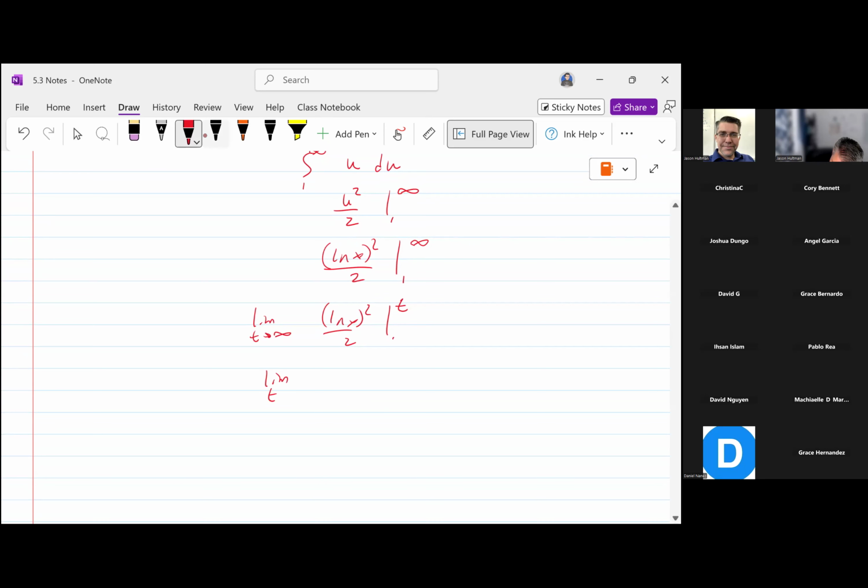The limit as t goes to infinity of the natural log of t squared over 2 minus the natural log of 1 squared over 2 equals infinity. So this diverges. Therefore, the summation n equals 1 to infinity of the natural log of n over n is divergent.